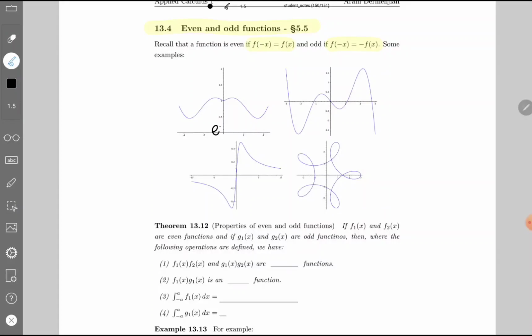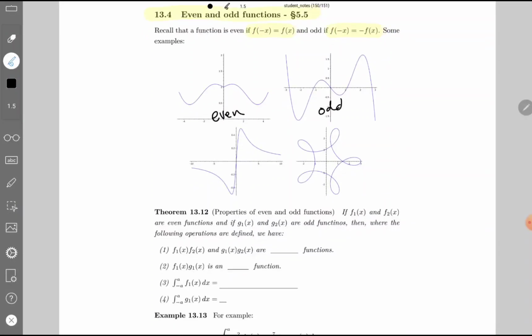So this one is even. This one is odd. This one is odd. And then what is this last one? It's neither. To be fair, it's not even a function.